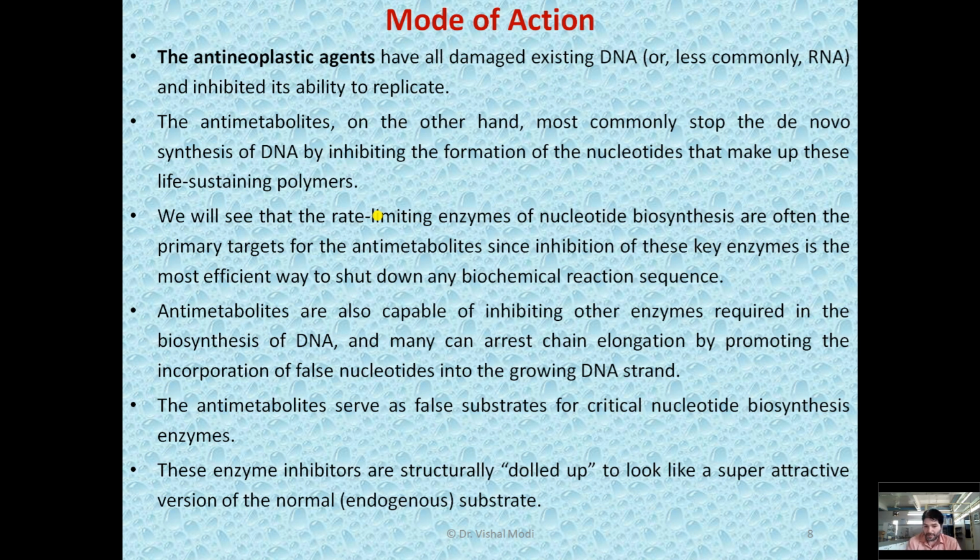These enzyme inhibitors are structurally dolled up, meaning they are similar enough to look like a super attractive version of the normal endogenous substrate. As an example, if we consider 6-mercaptopurine, its structure is similar to adenosine. So, the last point indicates that these enzyme inhibitors are structurally developed to look like a super attractive version of the normal endogenous substrate.